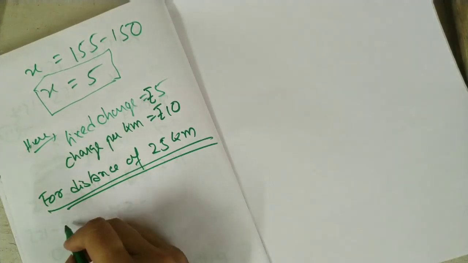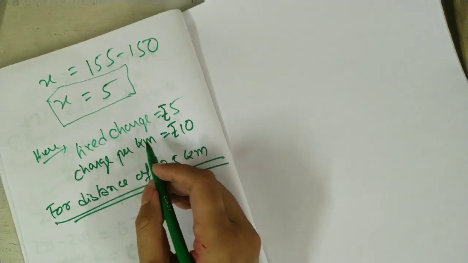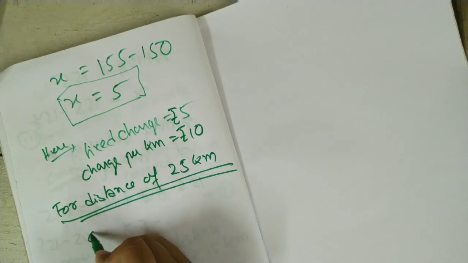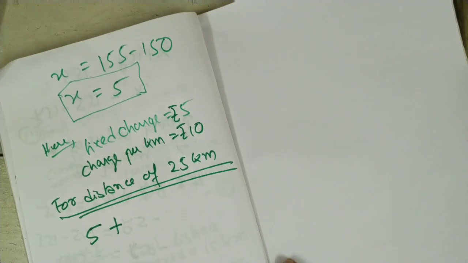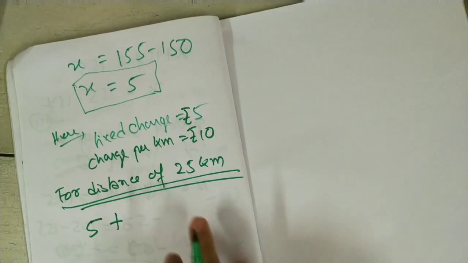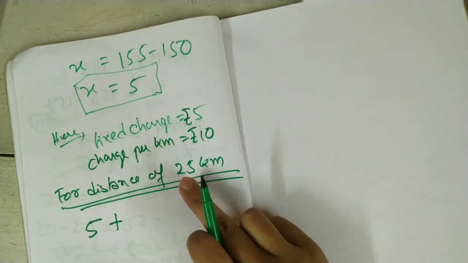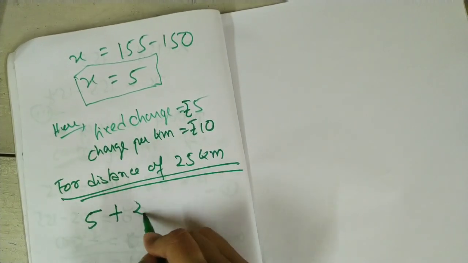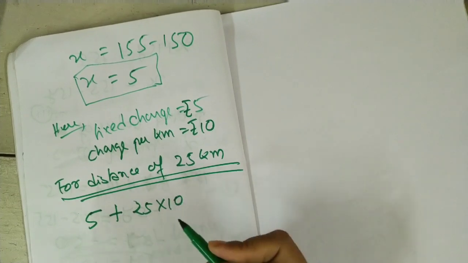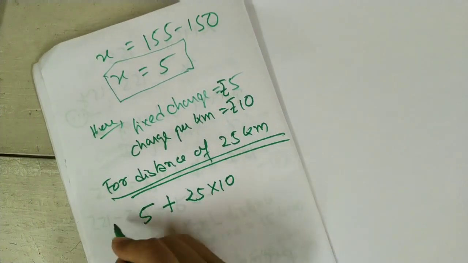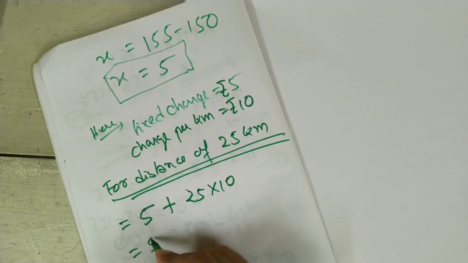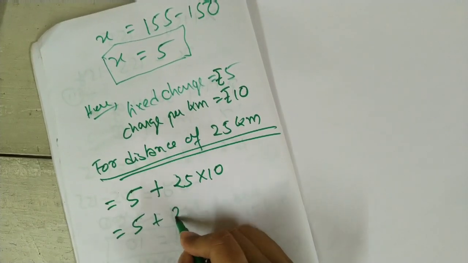So for 25 km also he has to pay the fixed charge, that is rupees 5, plus he has to pay the charge for the distance covered. For 1 km he has to pay 10 rupees. So for 25 km he has to pay 25 into 10. Now how much will he have to pay? 25 into 10 is 250.